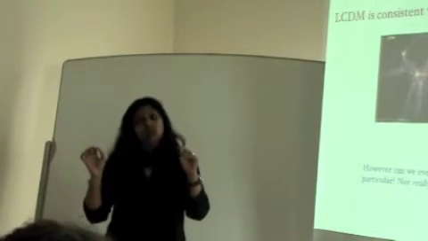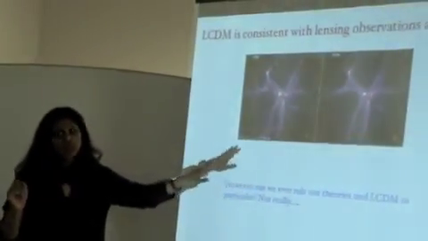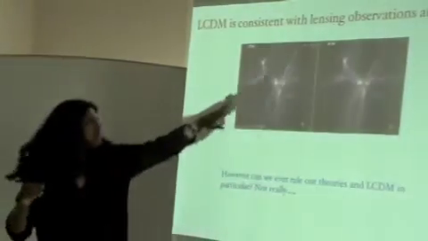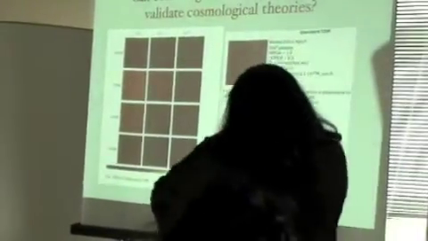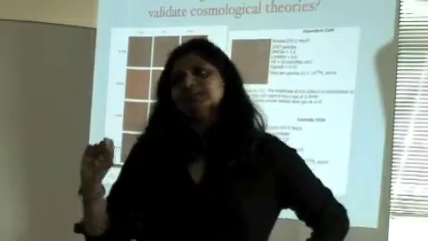You might have heard it. Looking at just the substructure distribution, we have ruled out this model. So it's an excellent correspondence with this model. And so I think this is the only observational test of this model that is independent of these ad hoc relationships between mass and light.